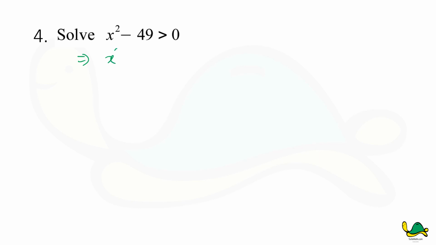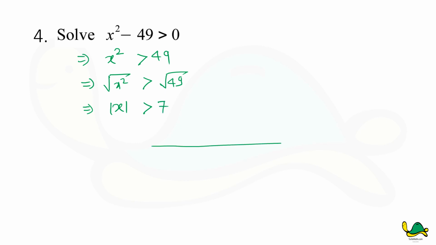So I have x square is greater than 49. I will take a square root of both sides. So the square root of x square is greater than the square root of 49, and the square root of x square is modulus of x, which has to be greater than 7. So let's plot it on the x-axis, 0. There are 2 points for which the distance can be equal to 7, which are positive 7 and negative 7, and we want this distance to be greater than 7.